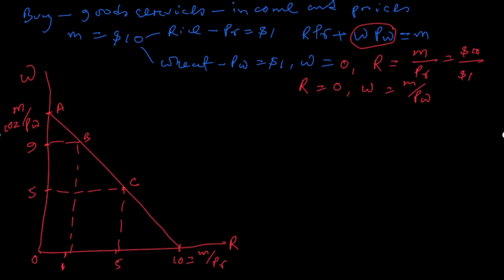Now we see that if we move from A to point B, I will get 1 additional unit of rice, and in response I have to sacrifice 1 unit of wheat.